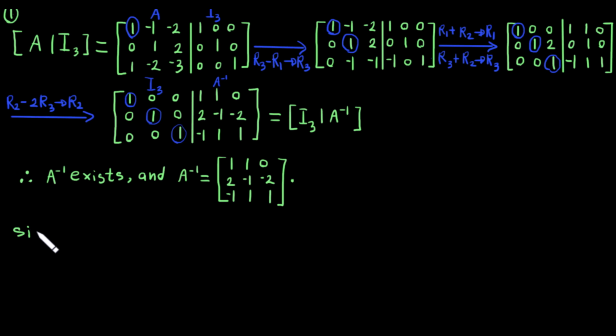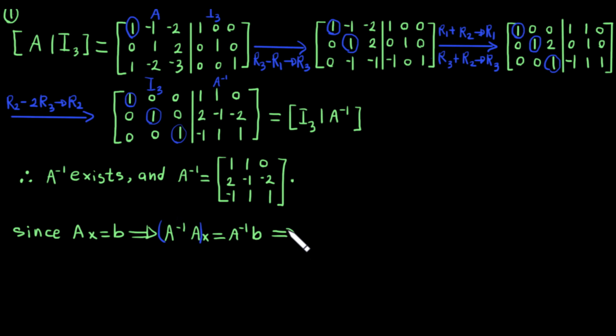So since we have a system like this, AX equal to B, then we can multiply both sides from the left with A inverse. So it looks like this: A inverse multiplied by AX, here from the left we multiply by A inverse, equal to A inverse multiplied by B. Therefore, as we know, A inverse A is equal to identity.